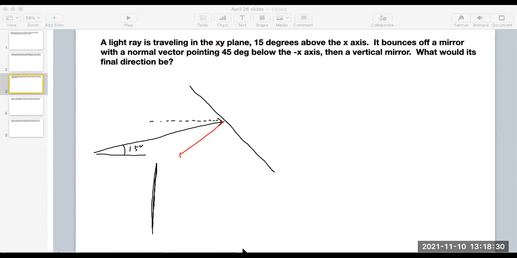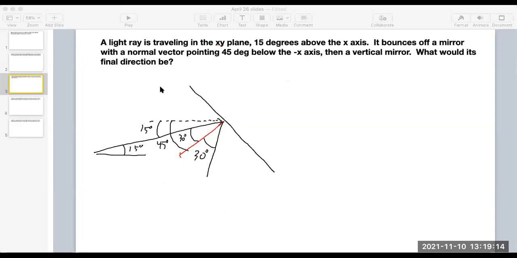So if we have 15 degrees here, and 45 degrees here, must be 30 degrees here. Therefore, our angle of incidence is 30 degrees. Our angle of reflection is also 30 degrees. And it would continue and eventually hit this mirror if the screen went lower.